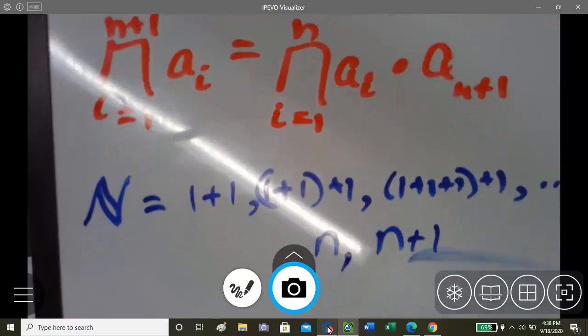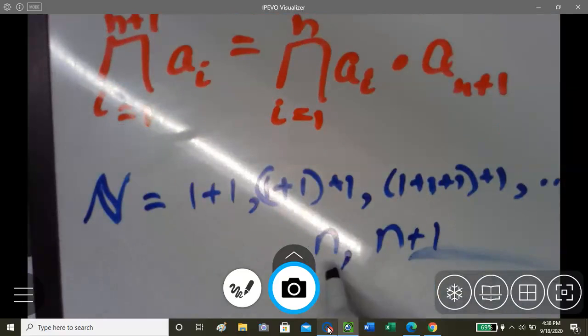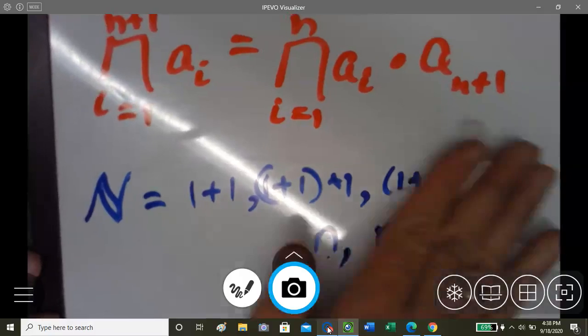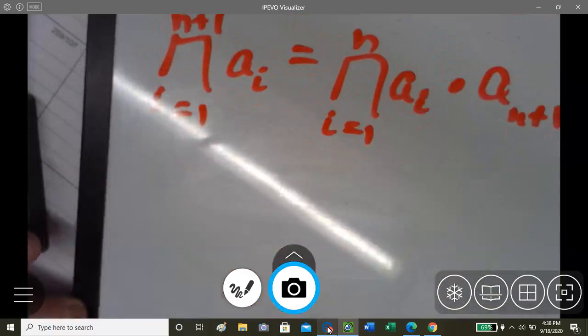With the natural numbers, no matter how far you go out, you're always going to have one more than the last number. So it never ends. Always one more, and one more. Having said that, let's take a look at how this fits into our problem.